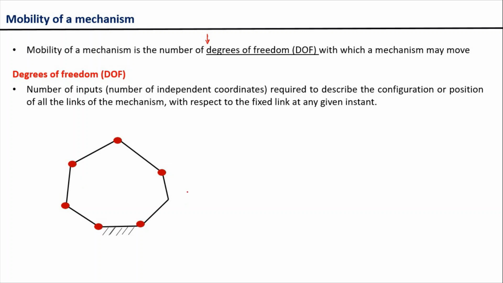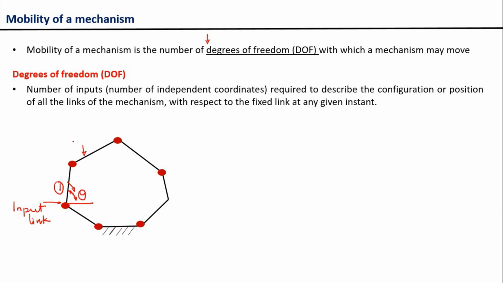Let us take an arbitrary mechanism here. Let us see this diagram. Let's consider this link as link 1. Now let us assume this link as the input link. Let's assume that this input link rotates through an angle of theta.